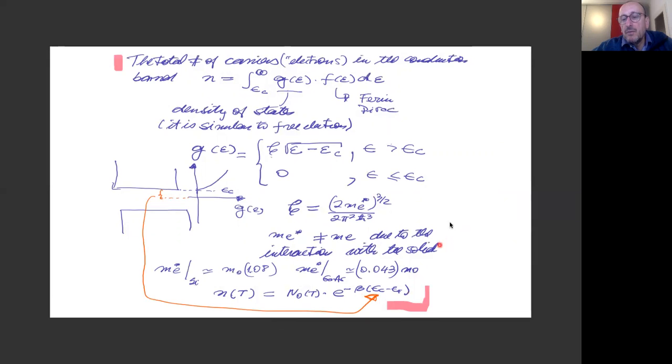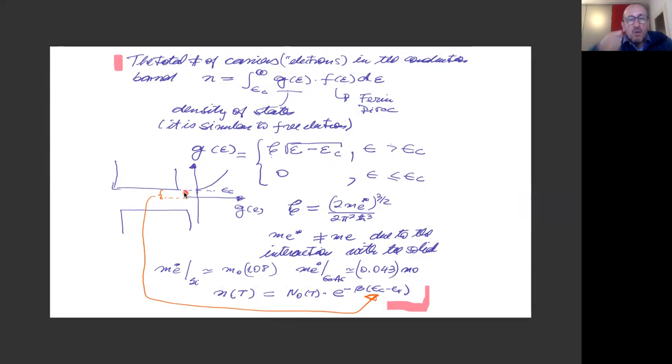The product of the Boltzmann constant times the temperature at room temperature is 25 millielectron volts. If I divide the gap by this, it is also an exponential that gives you a very small number, as we saw in the example before. So even at room temperature, you will have very few charge carriers up here.